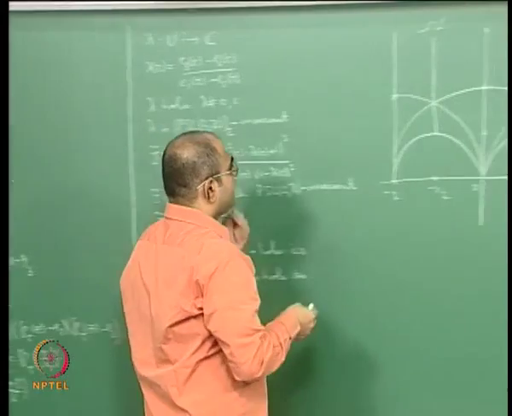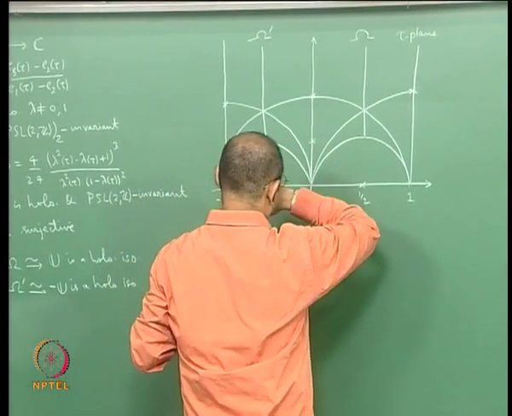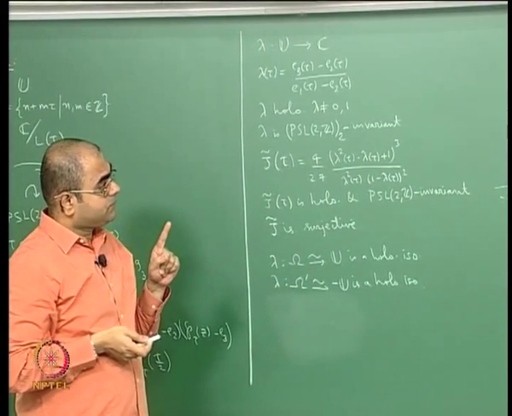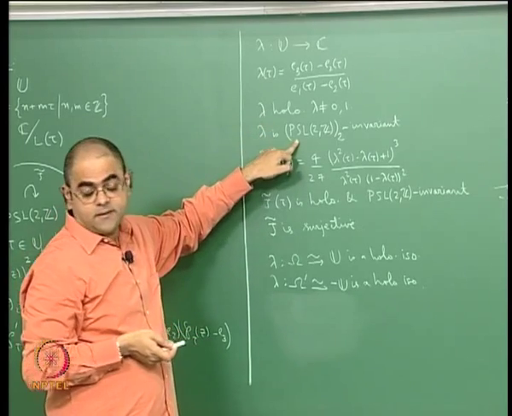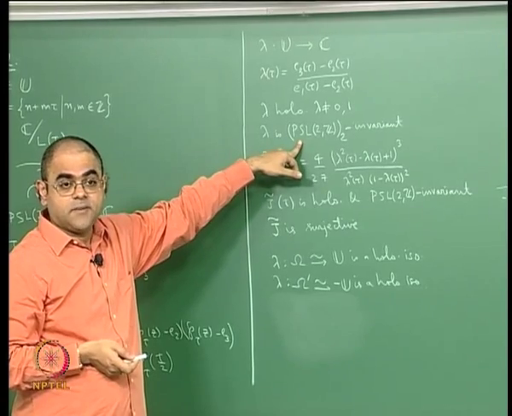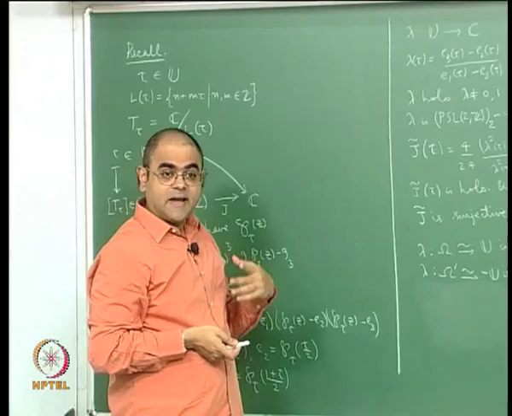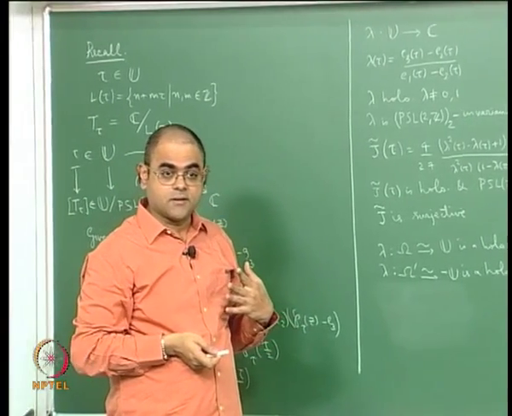Then we had this other important thing. Lambda was only invariant under the congruence mod 2 subgroup, and we wanted to know how lambda behaved under a general PSL2Z element, and therefore that led us to write out certain functional equations on lambda.